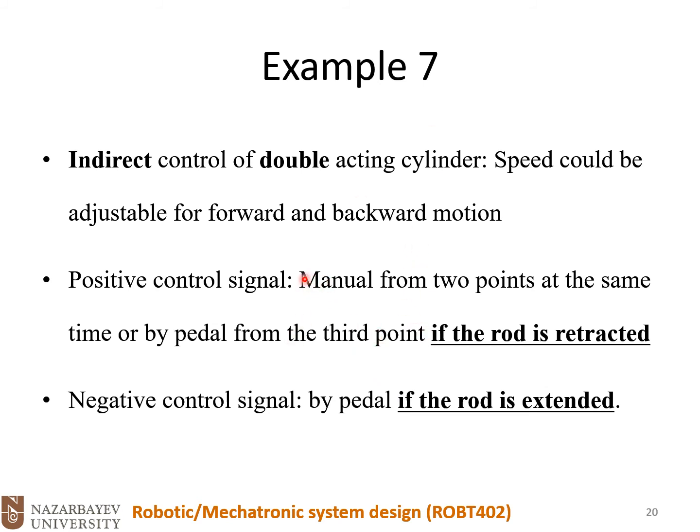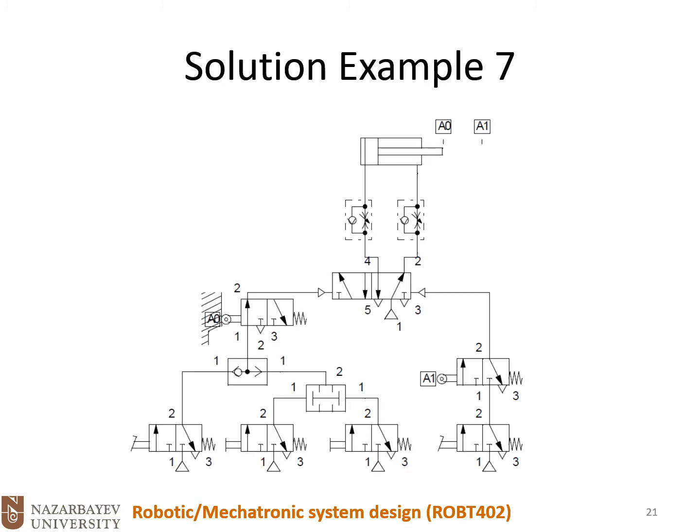Hope you guys could come up with the circuit yourself, but as it is an example, we will go through the solution, but I expect you, for learning purposes, to design the circuit in Festo Sim and simulate it. This is one possible solution for this example. And you see that this part is similar to the previous example.